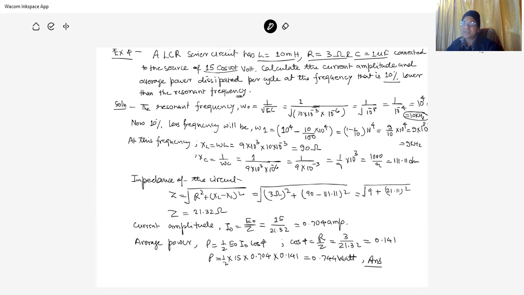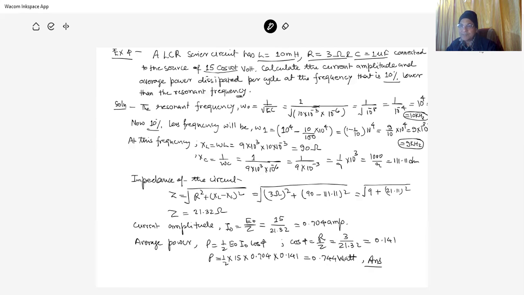This is the resonance frequency. Now the 10% lower frequency will be omega 1, which is 10 kilohertz minus 10%. 10% of 10 kilohertz is 1, and that's why it is 9 kilohertz. So we have to calculate the values at 9 kilohertz.